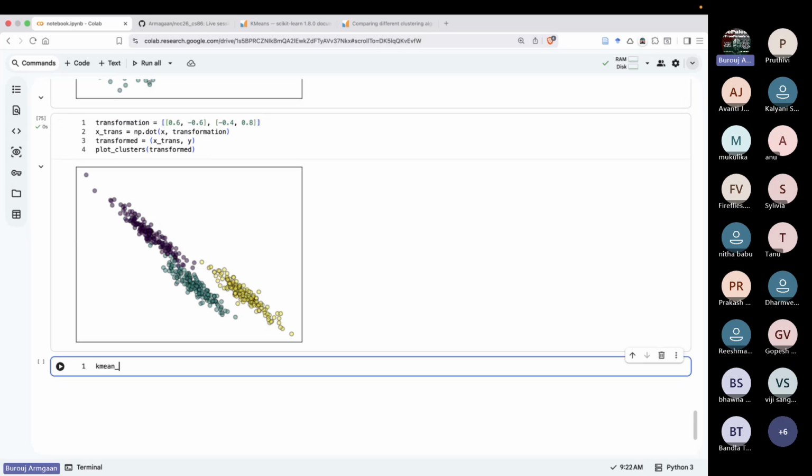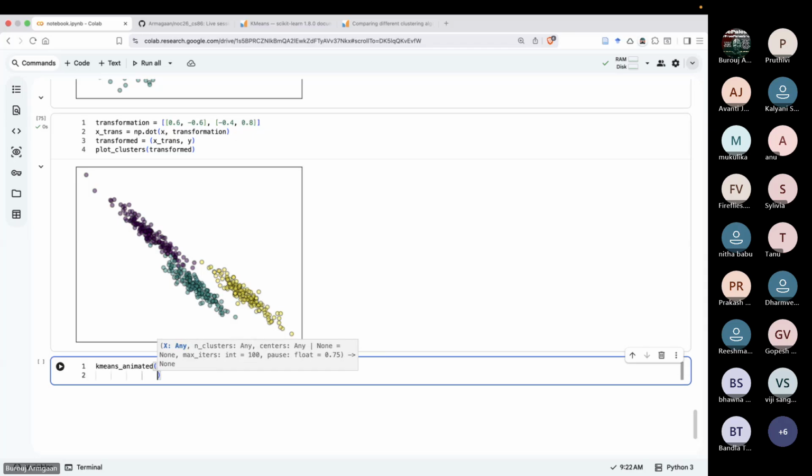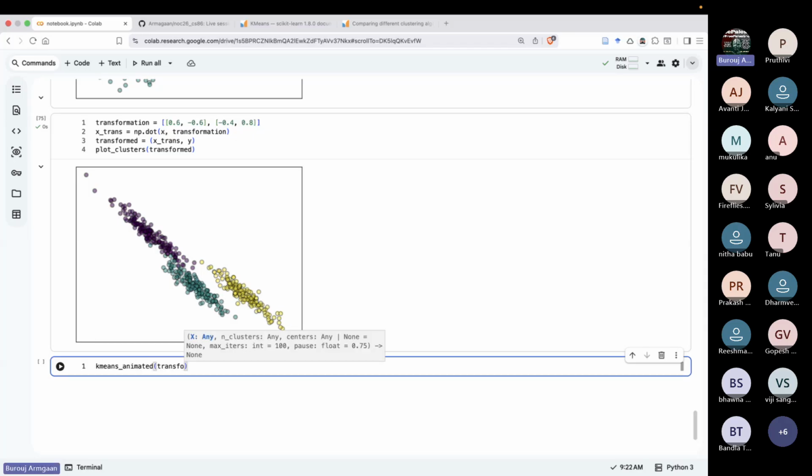So let's maybe even try it. We have k-means animated. We pass transformed. We know there are three centers.